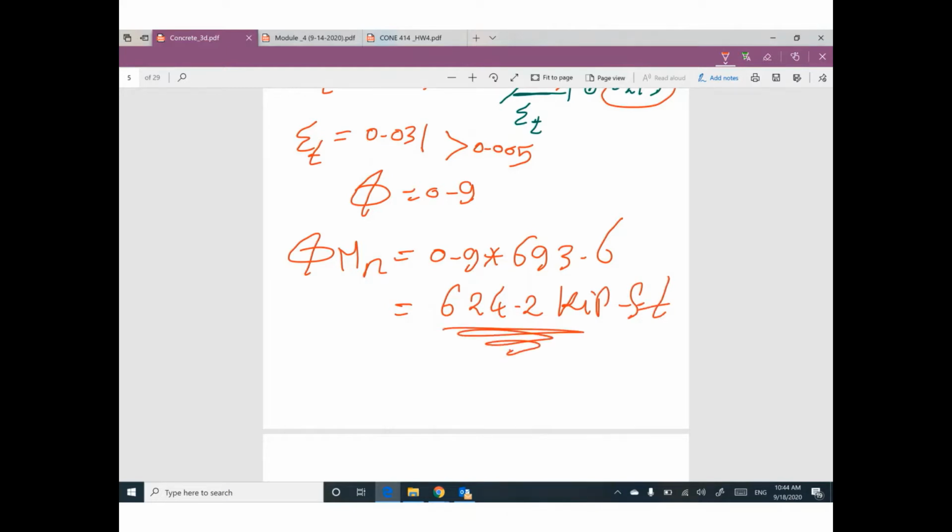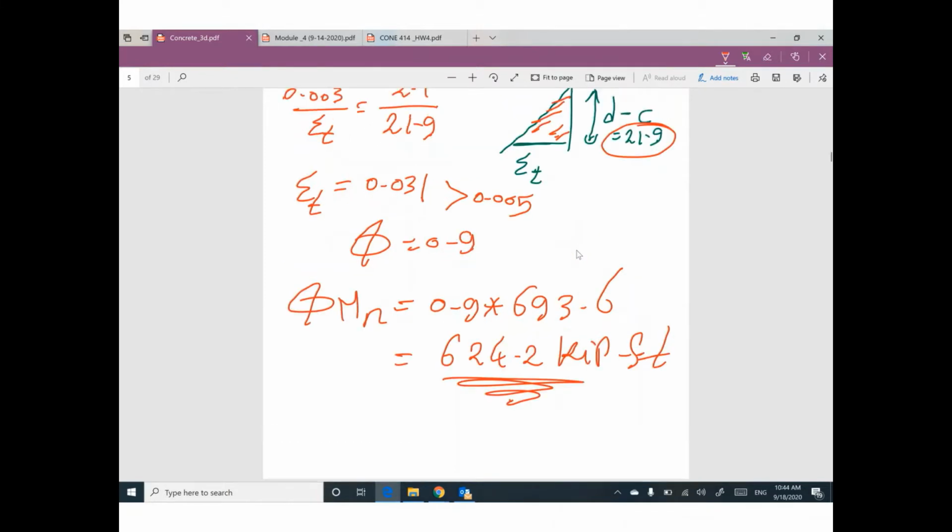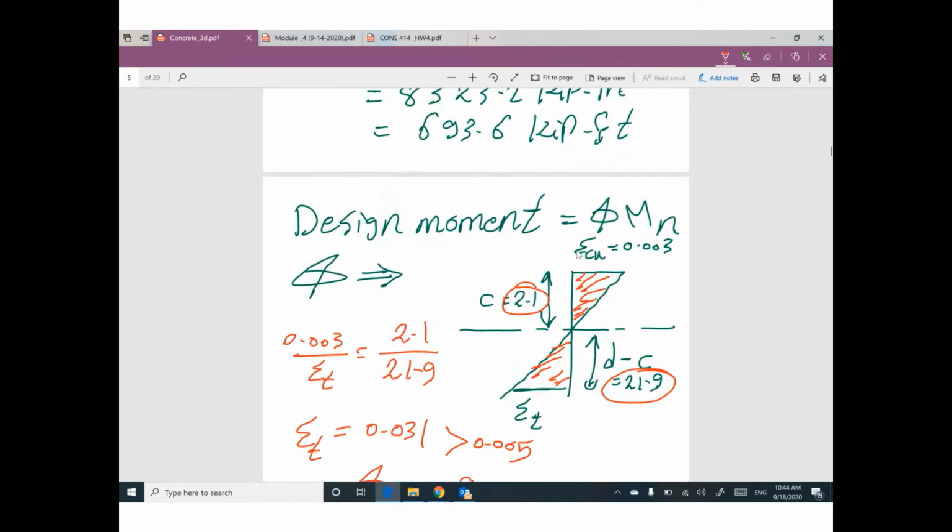Guys, I told you before, we are talking about a long story. In a different meeting, probably last week, as I remember, we learned how to get the design moment by multiplying it by phi. And we learned how to figure out the value of phi based on the strain in the steel reinforcement.